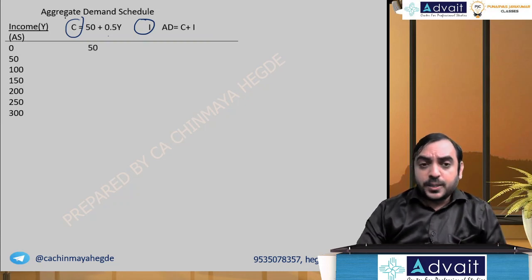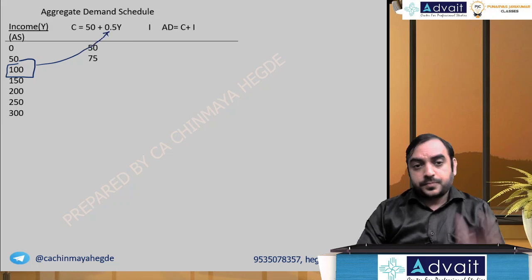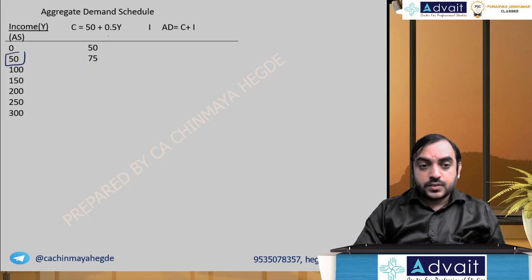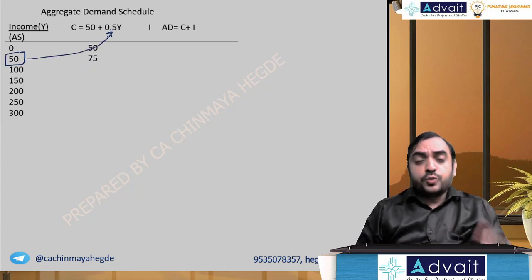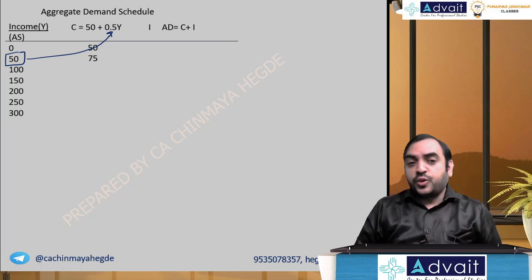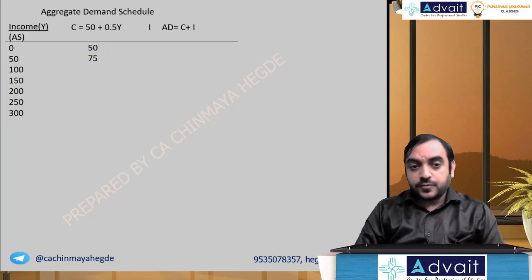If income Y is zero, I still spend 50 rupees. So C is 50. Now if I have income of 50 rupees, substitute 50 into 0.5. 50% only I spend, which means 25 rupees. 25 plus 50 means 75.